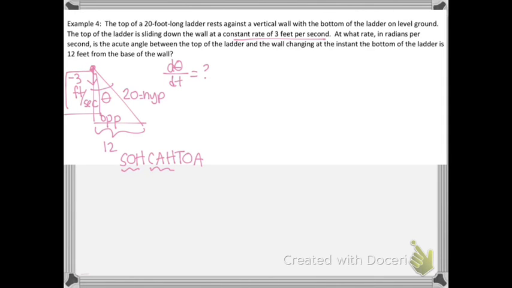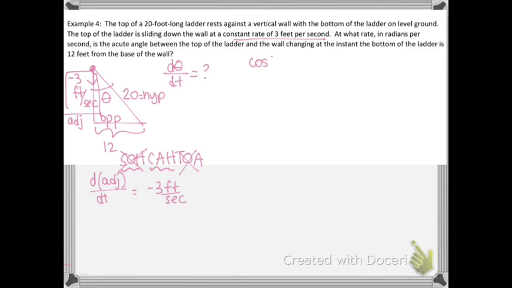And that's going to be the side adjacent. That's the rate of the adjacent side. That's d adjacent/dt, which is the negative 3 feet per second. So I definitely have to use the adjacent side, and I definitely have to use the hypotenuse because I want to plug in a constant, so I'm going to use cosine.